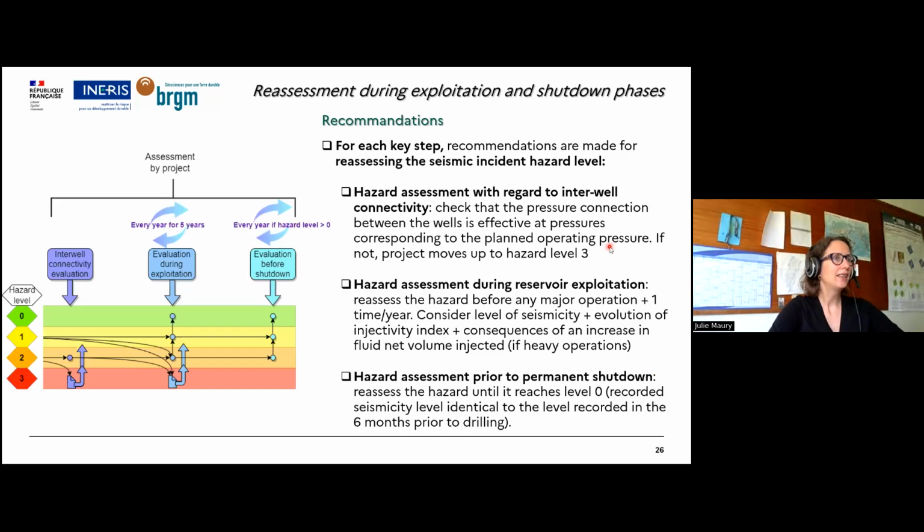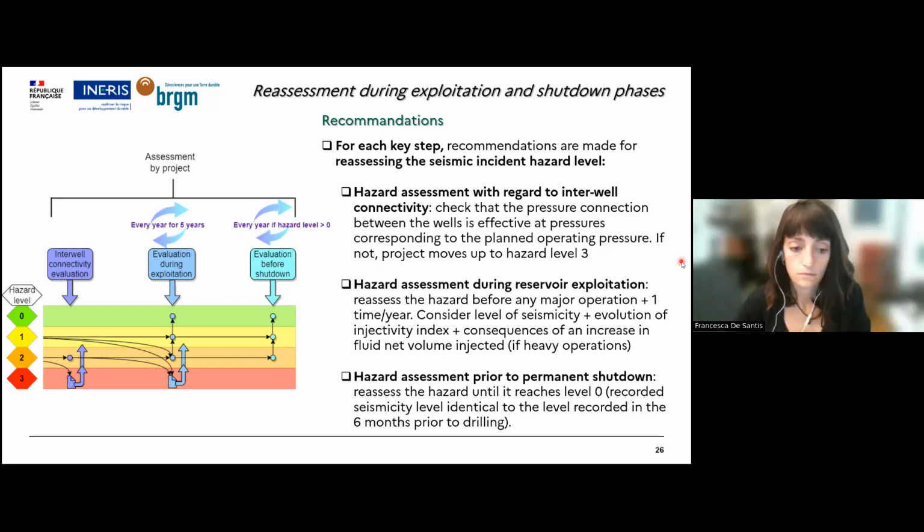And next, what we are doing next is to do some reassessment during exploitation and shutdown phases. So in fact, for each case step, we have some recommendations to reassess the seismic induced hazard level, to check interwell connectivity, so that is for a doublet, and also during reservoir exploitation, to reassess the hazard before any major operation and one-time barrier.